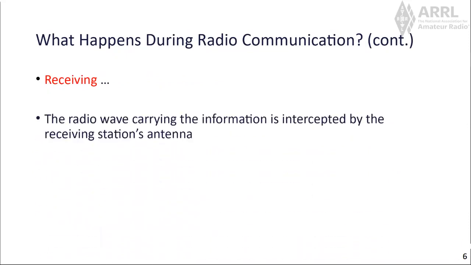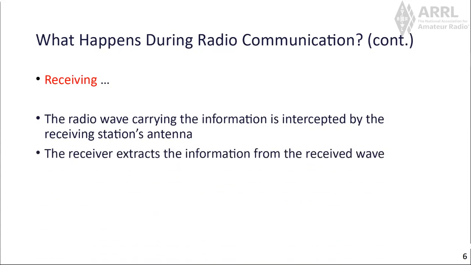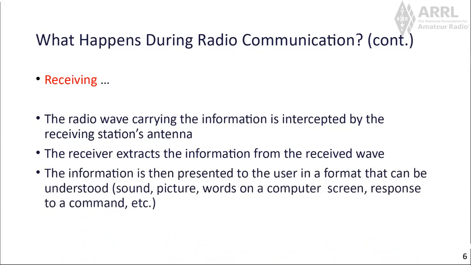All right, keep going. The other side of it, receiving. Radio waves carry that information through the air, and when that radio wave intercepts your antenna, your antenna sends that electrical signal down to your radio, which extracts the information from the received wave. I really like some of their words here.